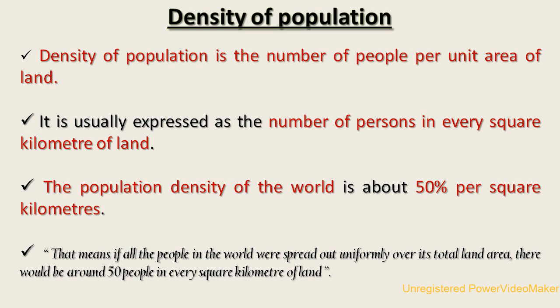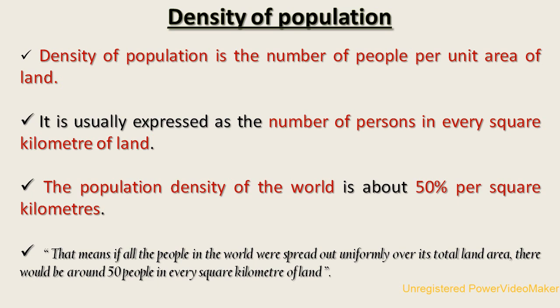Once again, we are clearly going to discuss the density of population. That means if you are dividing the total number of population by the land, then we will get the number of people per square kilometer. As we already discussed, the density of population is about 50 per square kilometer in the world.